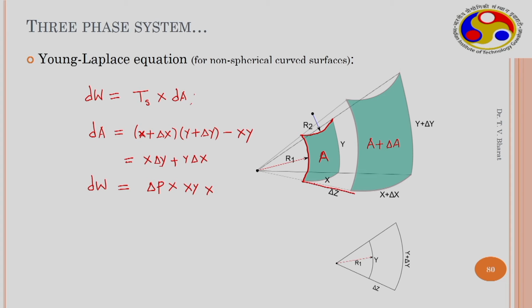This element has moved from here to here while expanding. So this is a delta z. The work done for moving this increment delta z is equal to delta P times xy, the area, times delta z, the distance between these two segments. So here, caution, these are xy and this is into.